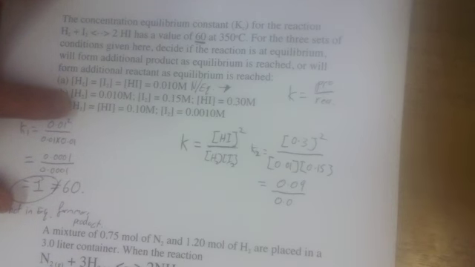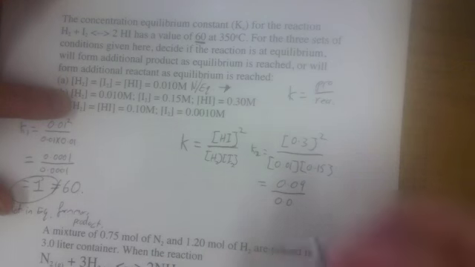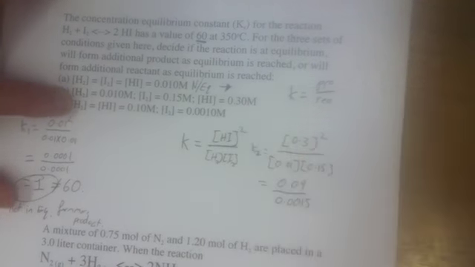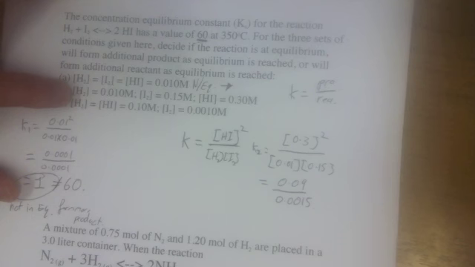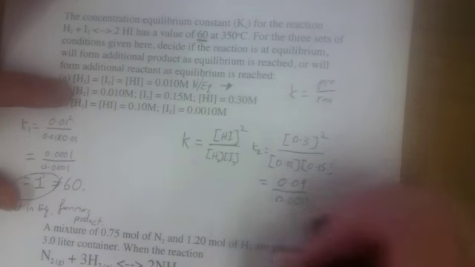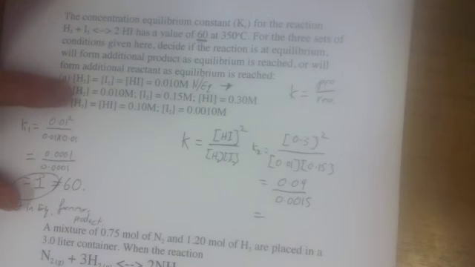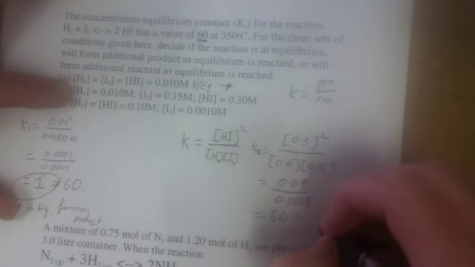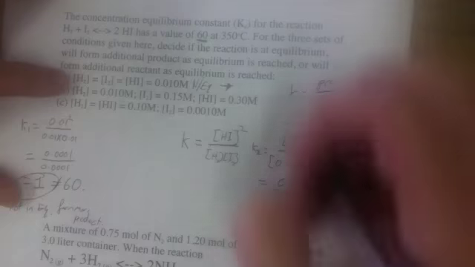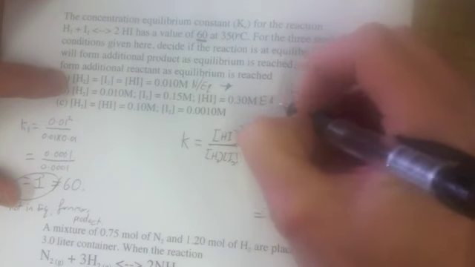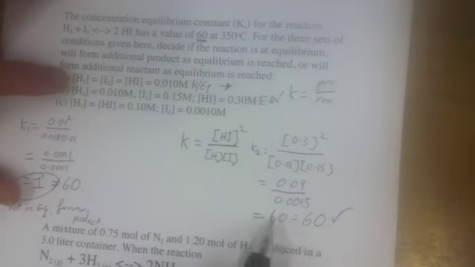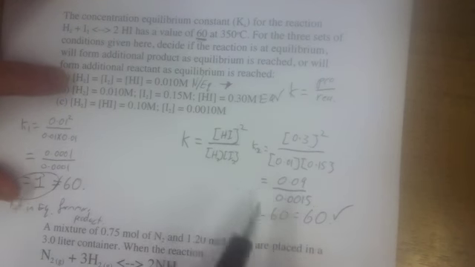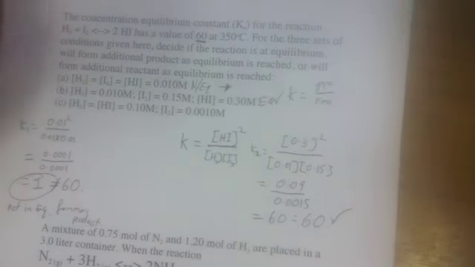Doing this calculation, we have 0.09 divided by our answer equals 60. So this equals the literature value, so this is in equilibrium. Because our K value came out as 60, it's equal to what we're told, therefore it's in equilibrium.